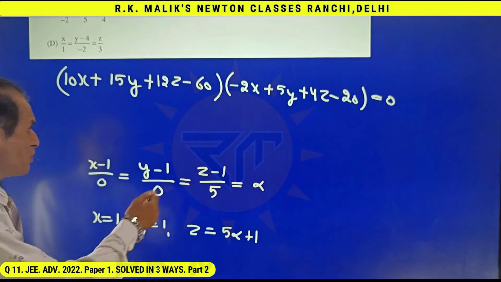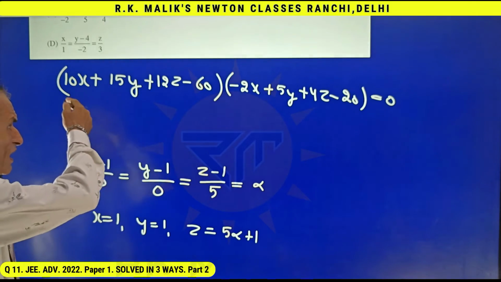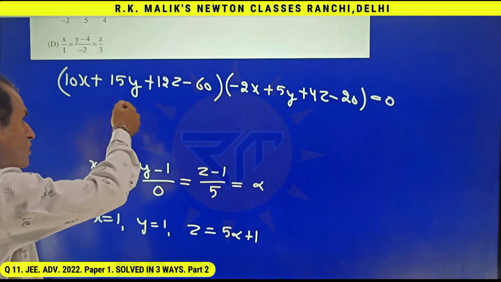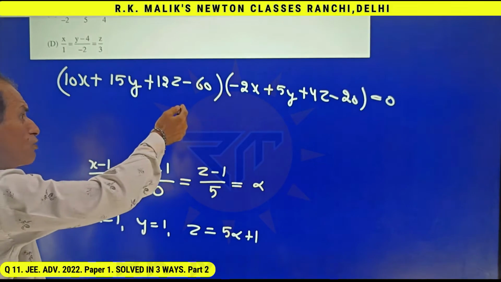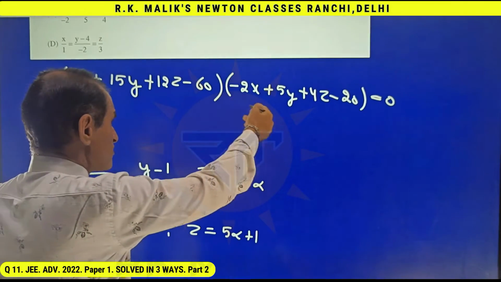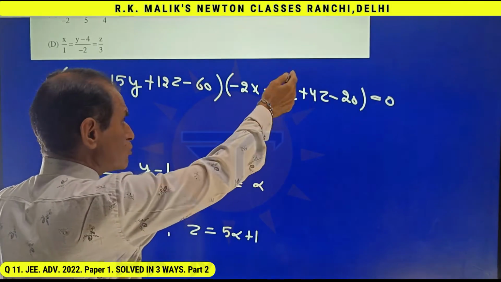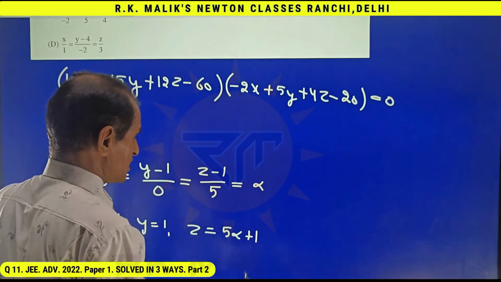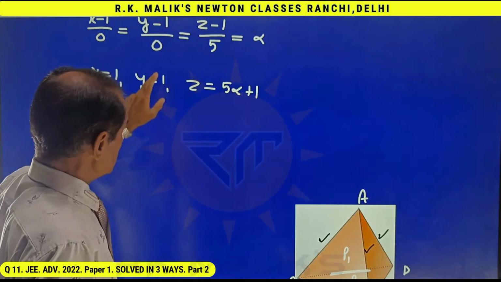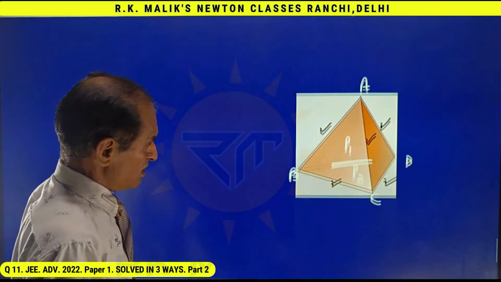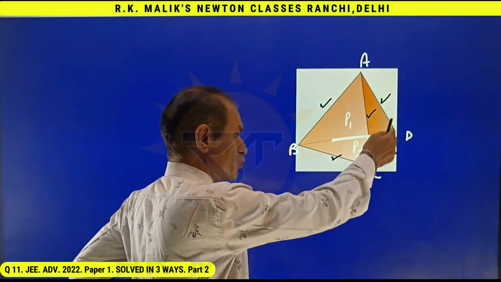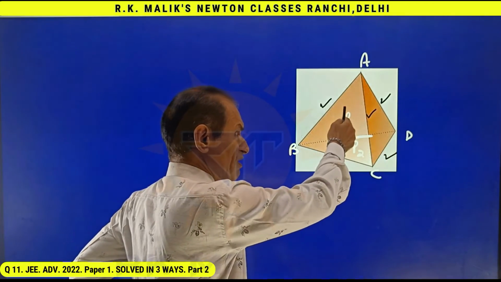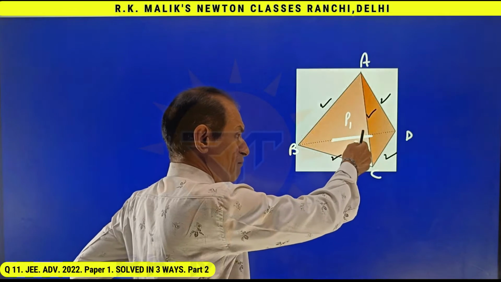Similarly, by putting this point, if this is non-zero for every value of alpha and this is 0 for every value of alpha, this will mean that this line lies in the plane P2 and never cuts the plane P1.